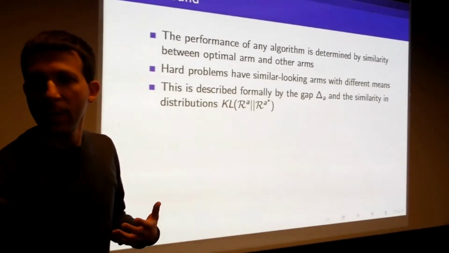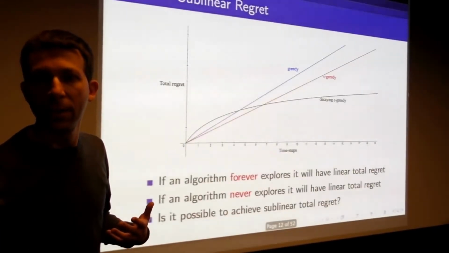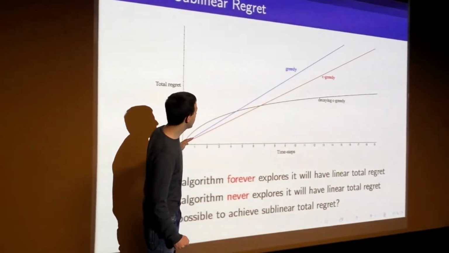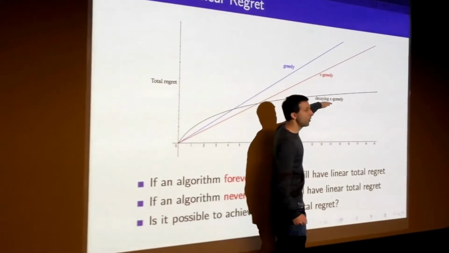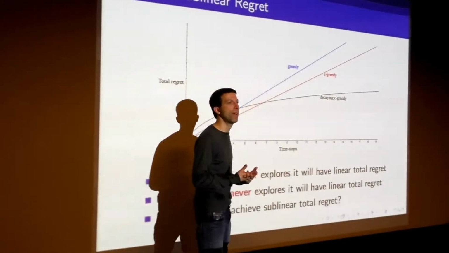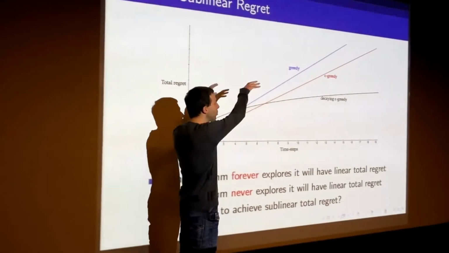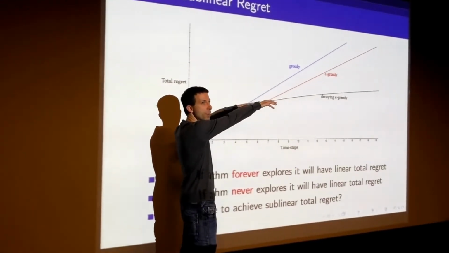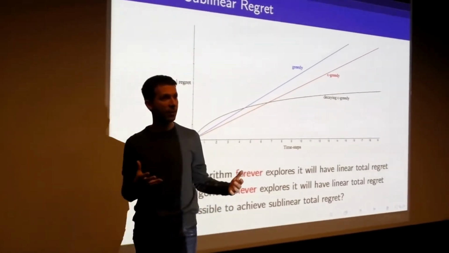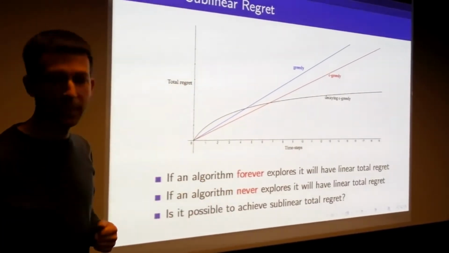In other words, no algorithm can possibly do better than a certain lower bound on how well we can do in terms of the regret. And what we want to do is push our algorithms closer and closer towards this lower bound. And the lower bound is actually logarithmic in the number of steps.